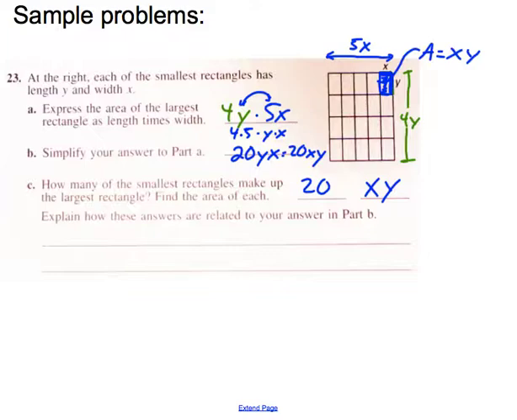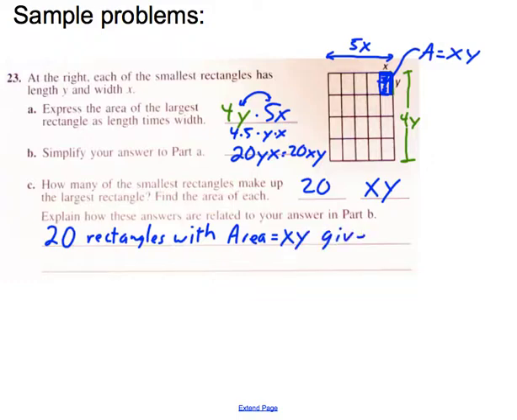And it says explain how these answers are related to the answer in Part B. Well, 20 rectangles, each with an area of xy, gives a total of 20xy square units.